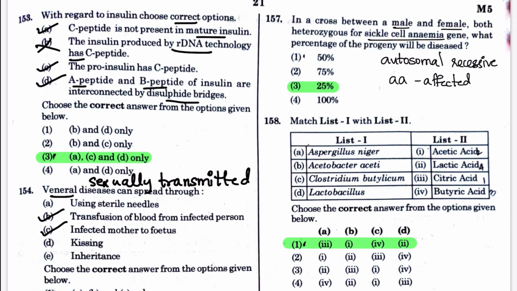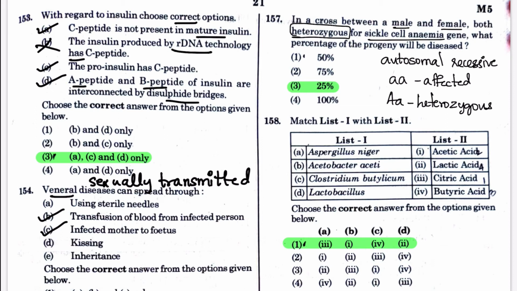But they have told they are heterozygous. Okay, heterozygous in the sense both male and female would have been in this condition. Okay, so this is how we call them as heterozygous. And they are asking you if they are heterozygous, what percentage of progeny would have been deceased.